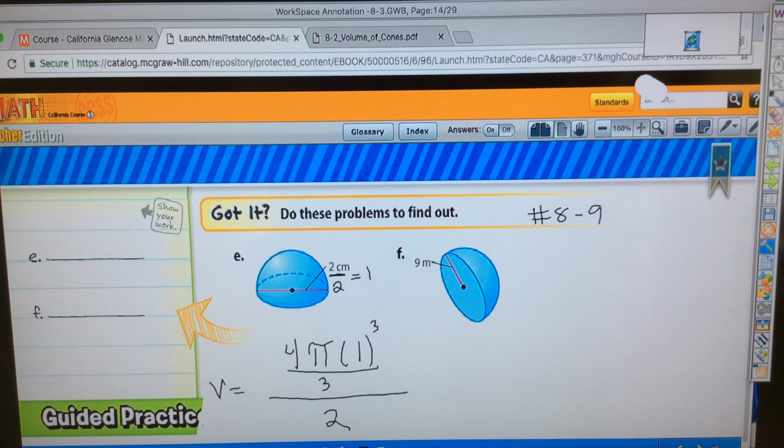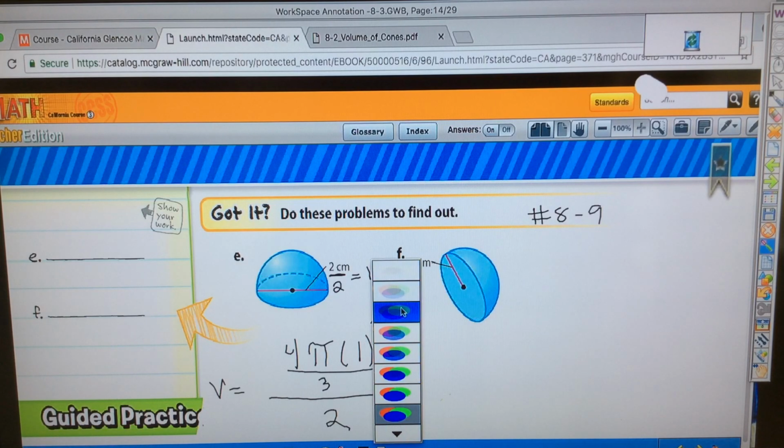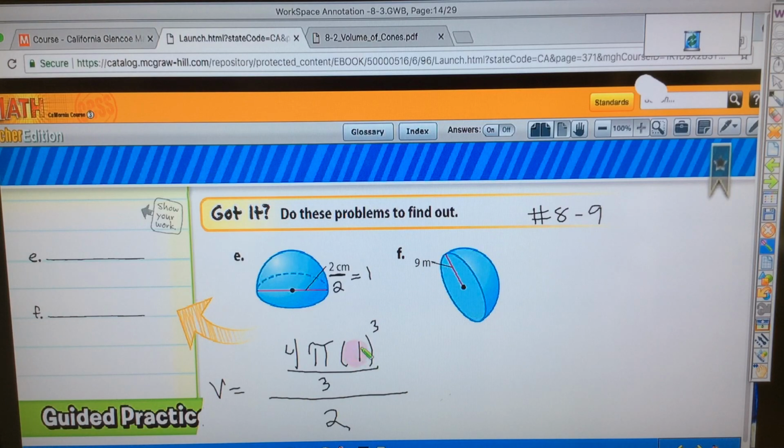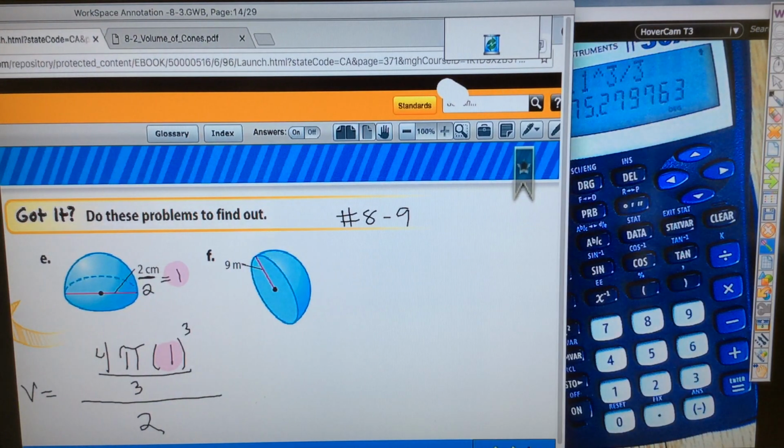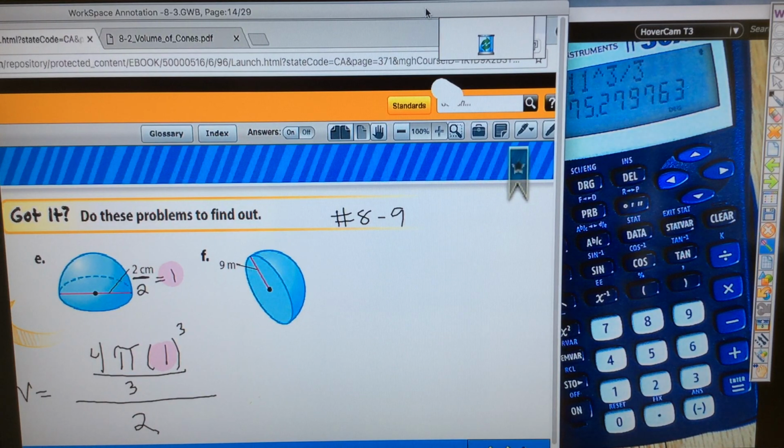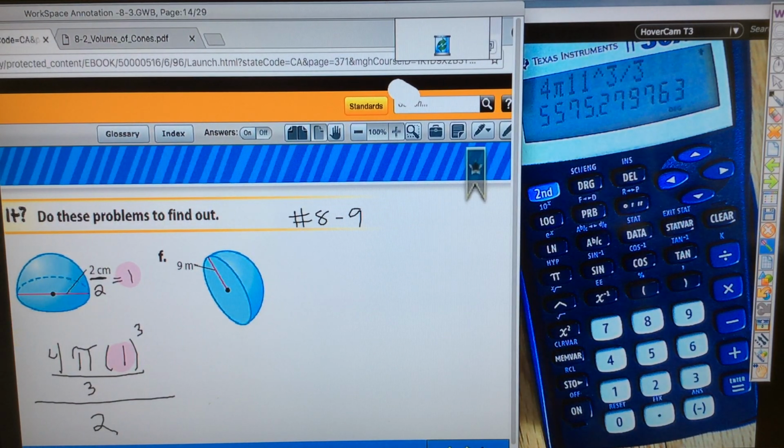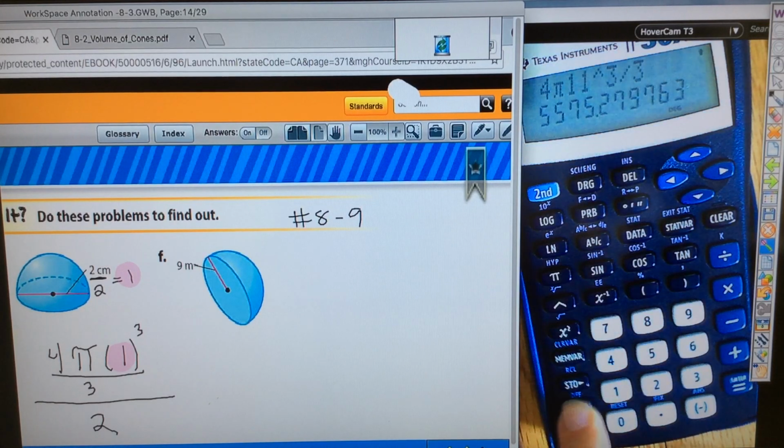Okay, so I think it's probably going to be important to show this on the calculator. There's my radius. Let's see what happens. I'm going to clear it out.